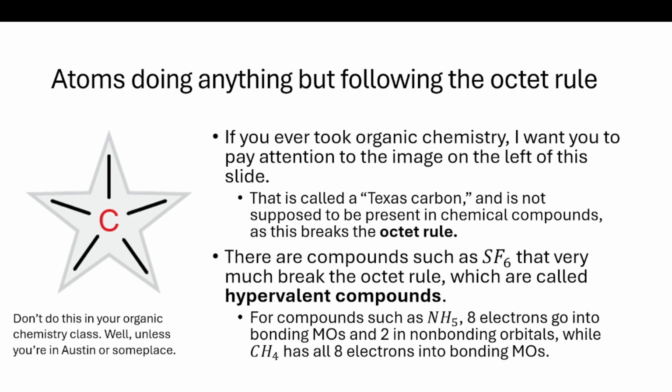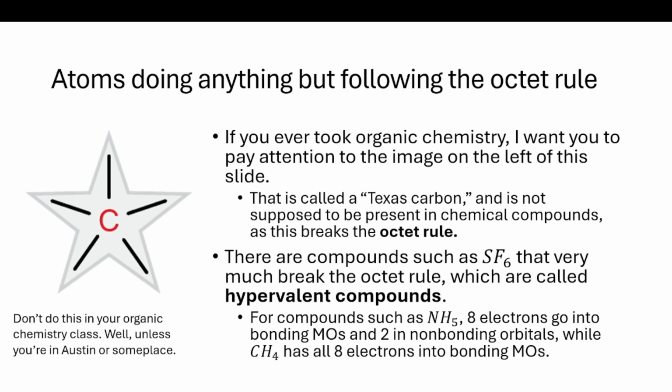The reason you don't want to do that is because it breaks a very simple rule, known as the octet rule, where an atom needs 8 electrons in its valence shell to be stable. But with 5 bonds, carbon is going to have 10 electrons, which exceeds 8, of course.